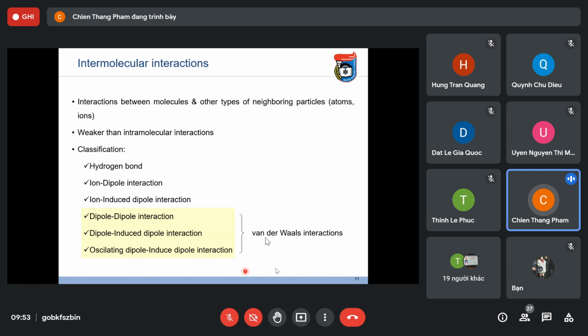These last 3 types are considered van der Waals interactions, which is very famous and well known in chemistry. So when you mention van der Waals interaction, it means 3 different kinds of interactions.